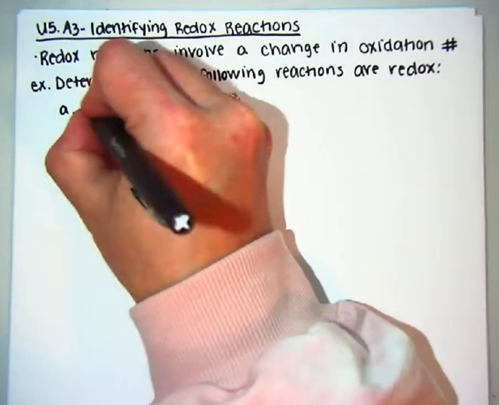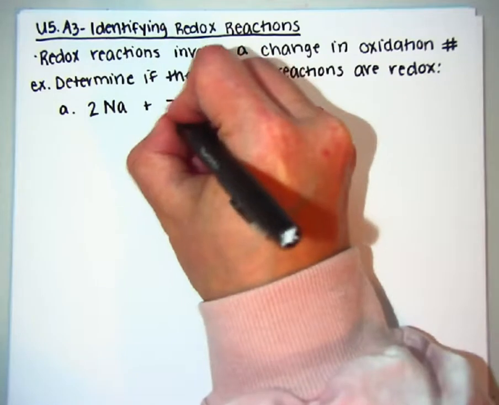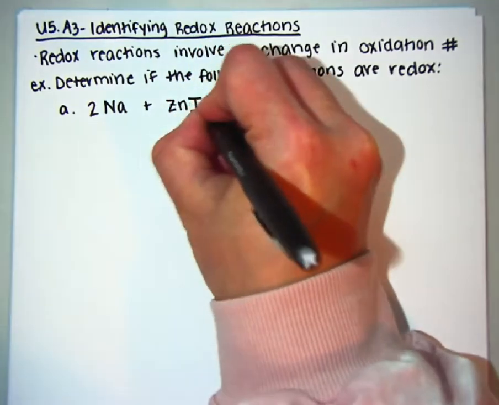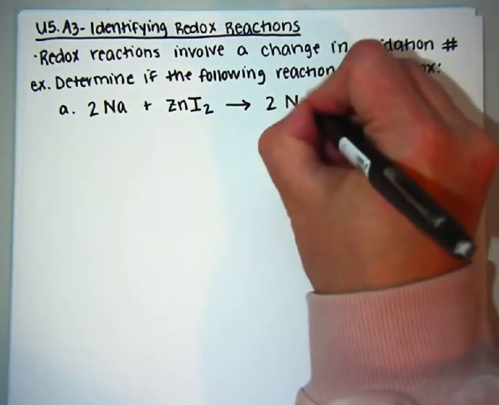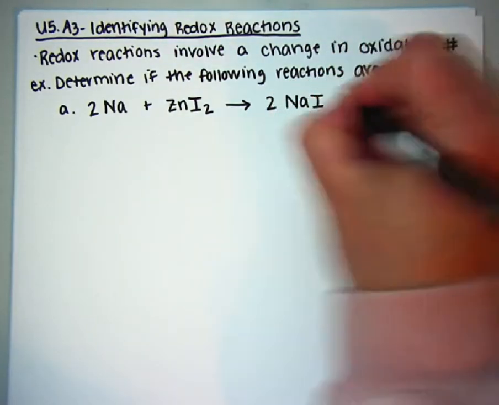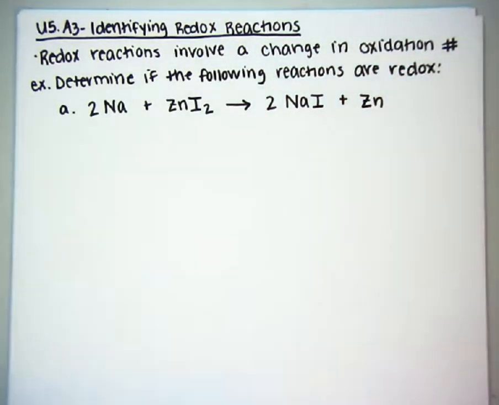Reaction A. Sodium plus zinc iodide produces sodium iodide plus zinc. So the way we're going to approach this problem is go through and assign oxidation numbers, and then we're looking for a change.